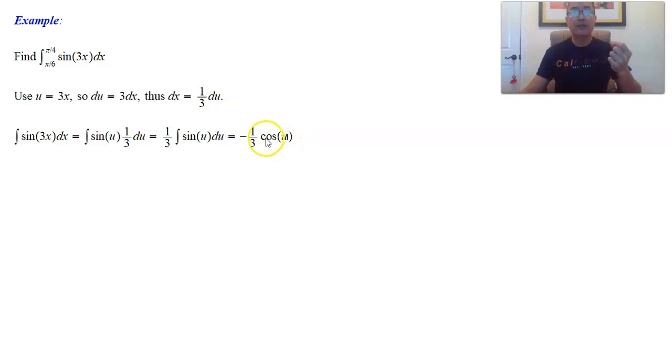What is the derivative of cosine? Negative sine. So you will have the negative canceling with the other negative to give you positive 1/3 sine u. But we're not yet finished because we have to replace u with 3x. So there you go. There's our final antiderivative.